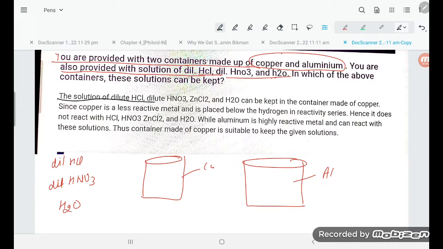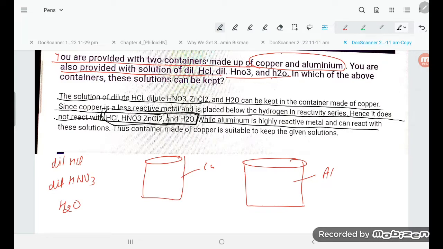The solution of dilute HCl, dilute HNO3, ZnCl2 and H2O are kept in the container made up of copper. Since copper is a less reactive metal and is placed below hydrogen in the reactivity series, it does not react with HCl, HNO3, ZnCl2 or H2O.